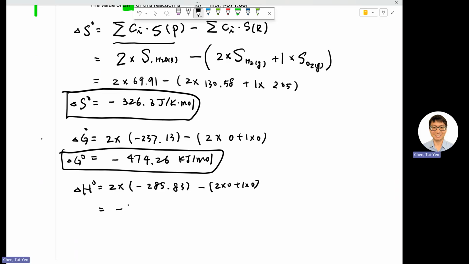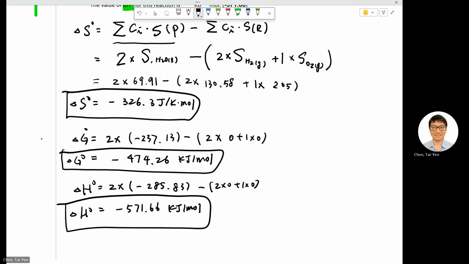That's negative 571.66 kilojoules per mole. That will be your delta H. You will see these questions a lot in your homework, in your quiz, in your midterm. Make sure you can do this. It's very simple. Any questions?